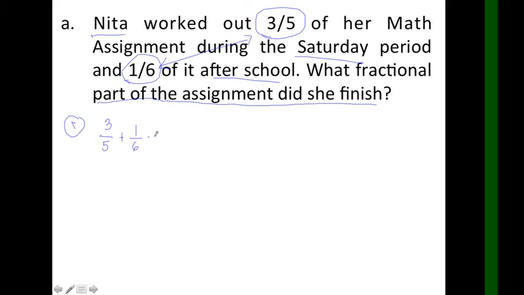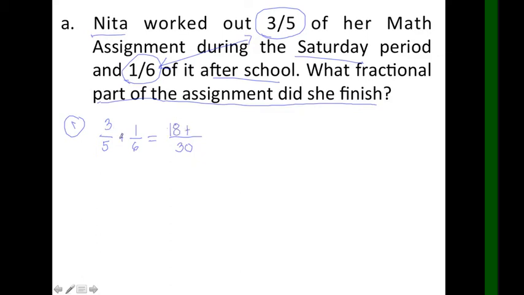So, para makapag-add ng dissimilar fractions, ang kailangan mo lang gawin is we need to have the LCD of 5 and 6. And as we all know, the LCD of 5 and 6 is 30. Because 30 is the smallest number that can be divided by both 5 and 6. Diba? So 30 divided by 5 is 6 times 3 is 18.